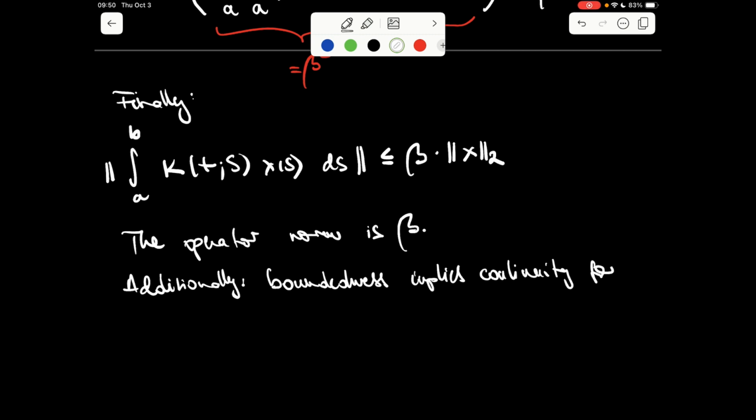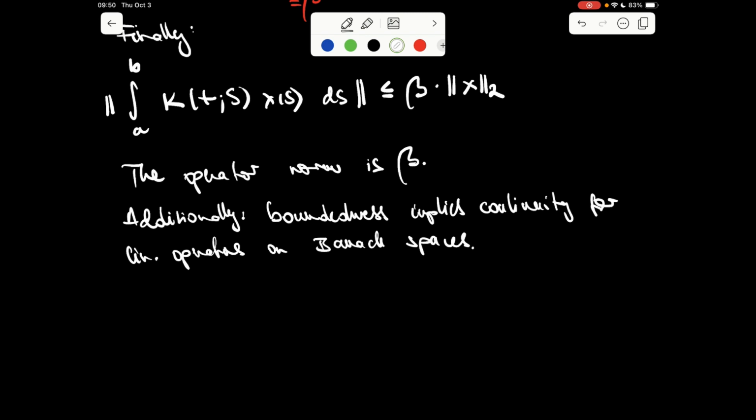Continuity for linear operators on Banach spaces. This is easy, so let's have a look at the proof.